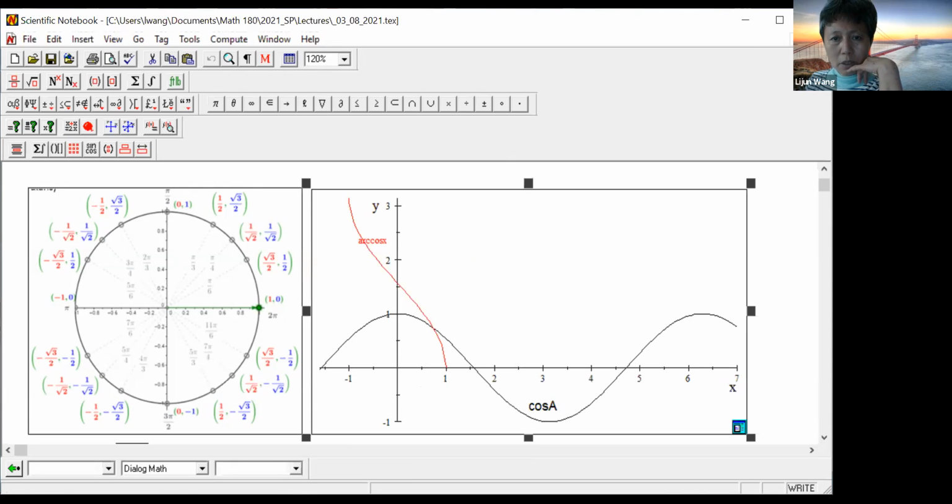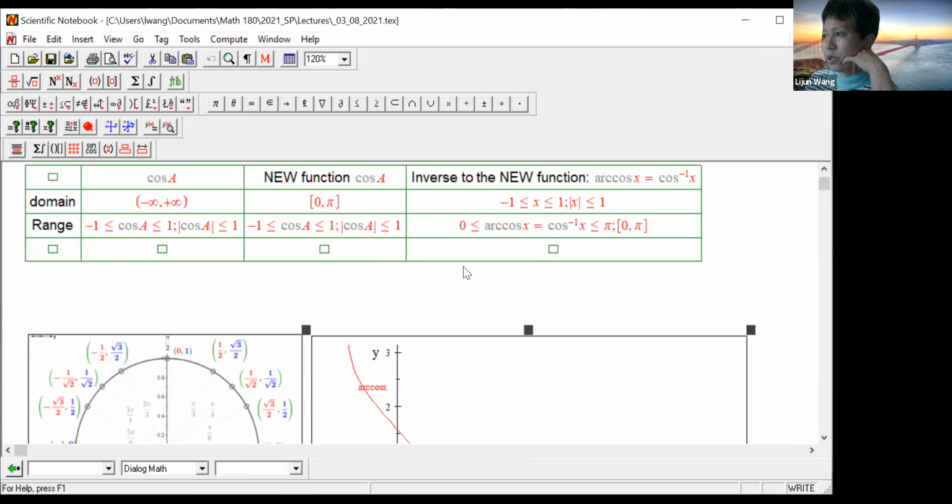Let me look at the comments. Cortland says the domain of inverse, I think you mean inverse cosine, is -1 to +1. That's correct. Does there need to be absolute value? Where? Here? No. It's between 0 and pi.